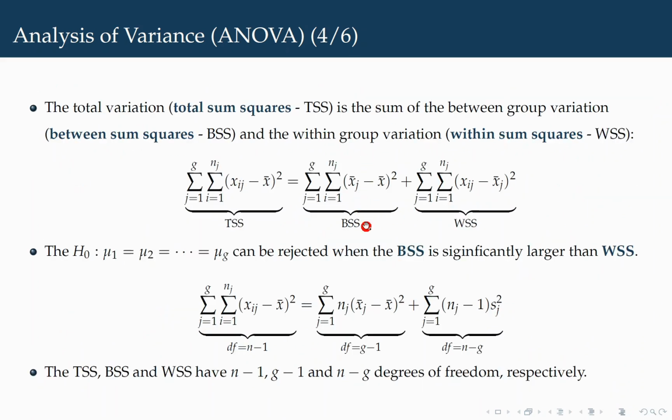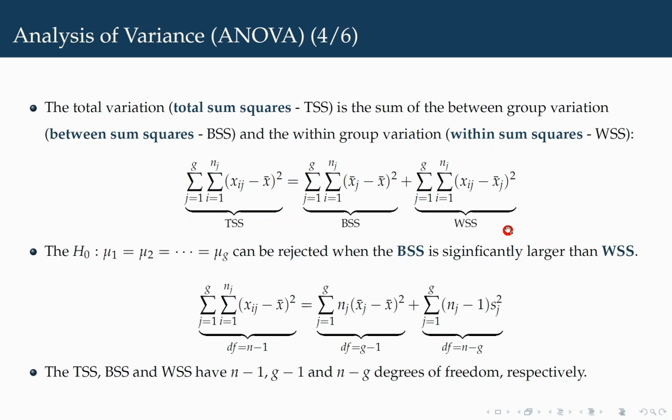So if this between variation is significantly larger than the within variation, this H naught that states all the G group means are not significantly different should be rejected. Otherwise, if they are approximately equal, we do not reject this null hypothesis and we can conclude that all the G group means are not significantly different.